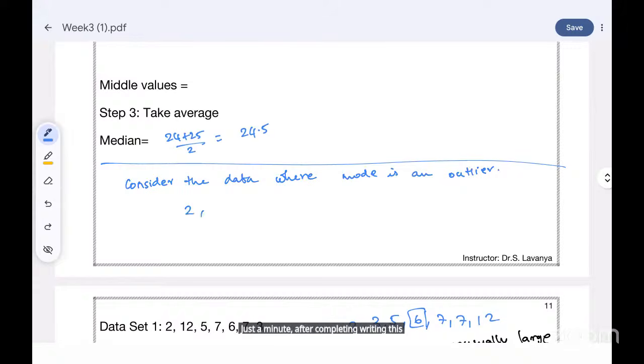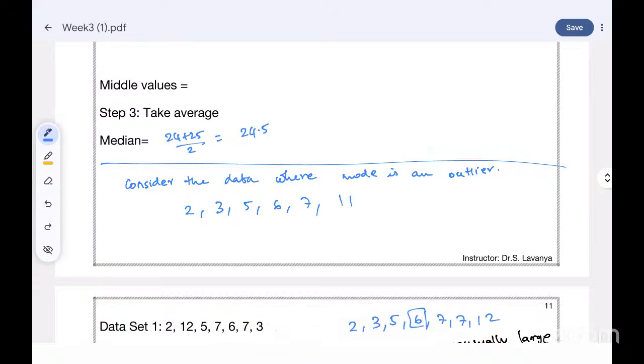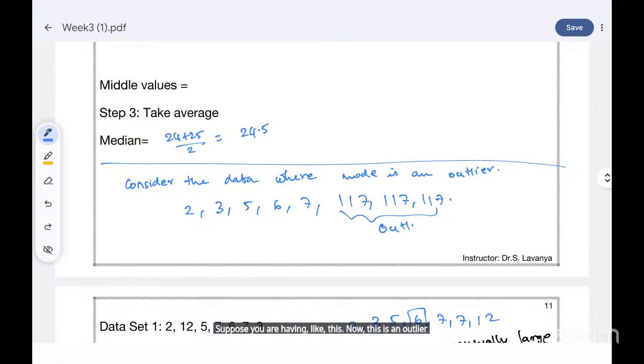For example, let us say you are having something like this. Suppose you are having like this. Now, this is an outlier and this is the mode, right?